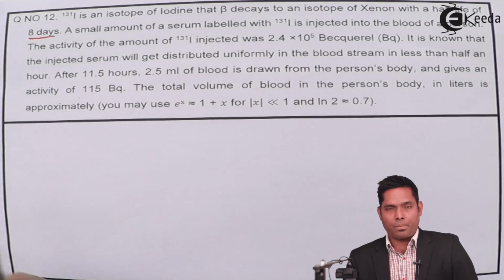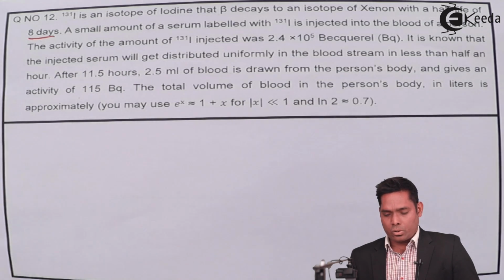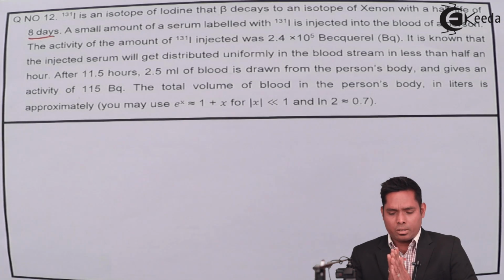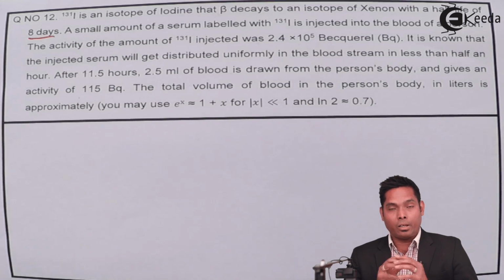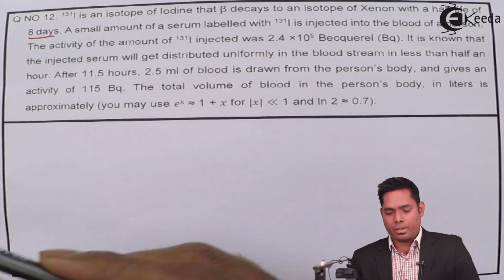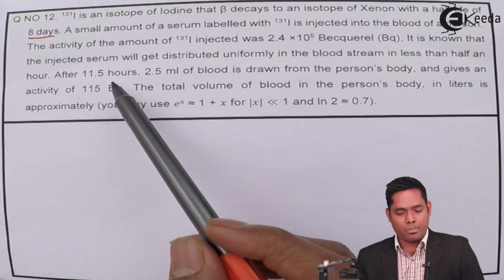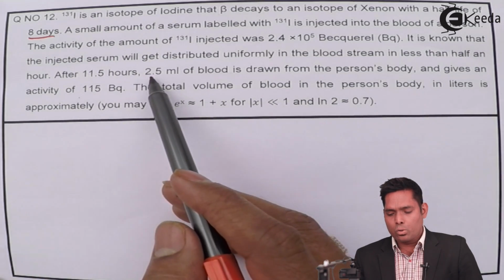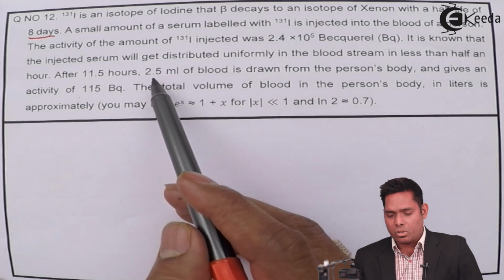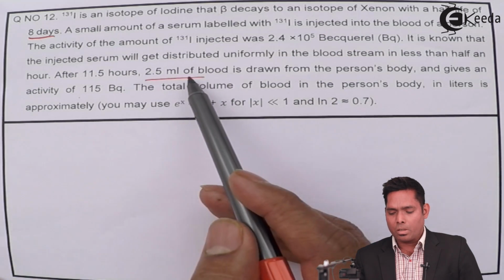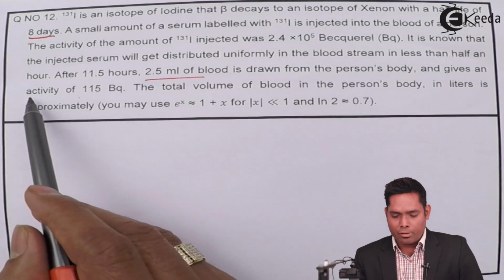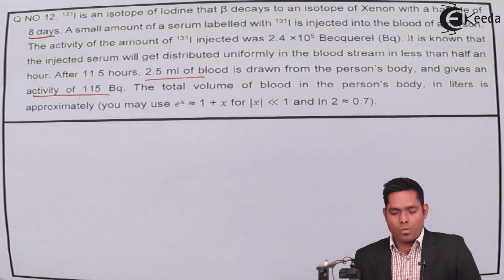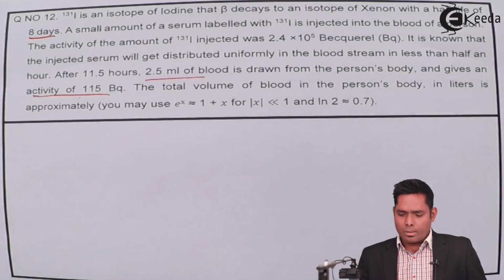Half an hour it will take to get uniformly distributed, and after 11.5 hours means almost 12 hours in total. So after 12 hours, 2.5 milliliter of blood is drawn from the person's body, and it gives an activity of 115 becquerel.